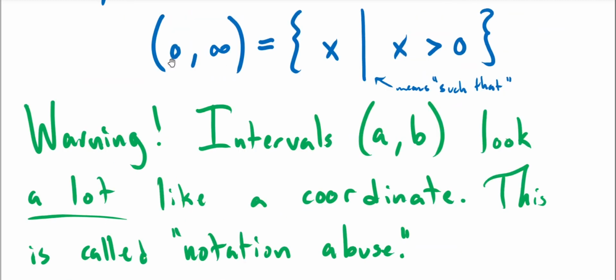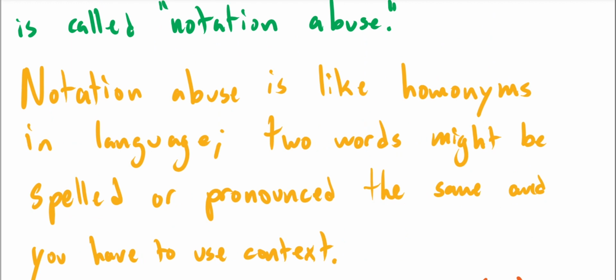Now, intervals, which look like something comma something in parentheses, are very easy to confuse with a coordinate. We talked about coordinates x comma y just in the last section, and this happens a lot in mathematics. This is called notation abuse. You might feel a little frustrated at that, but notation abuse is a lot like homonyms in language.